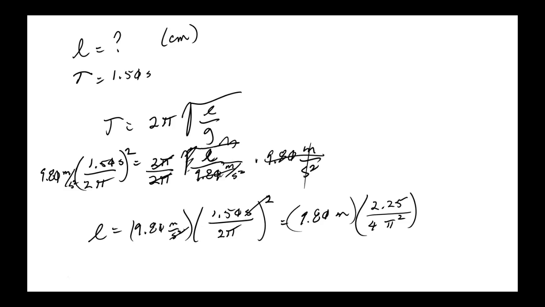What do you get? Anybody? 9.8 times 2.25 divided by 4 and then divide by pi squared.